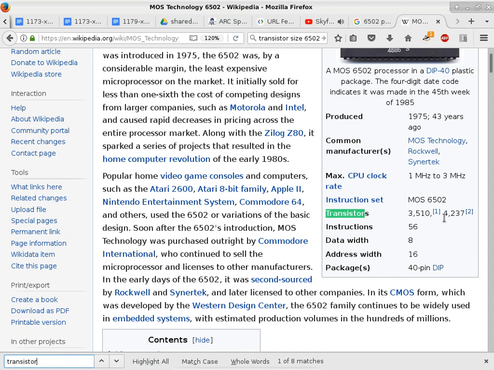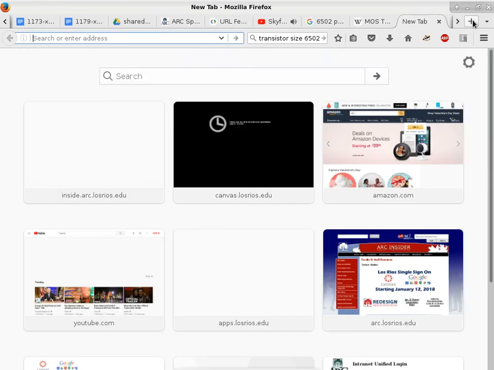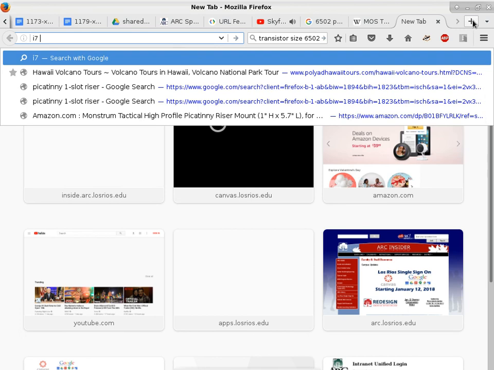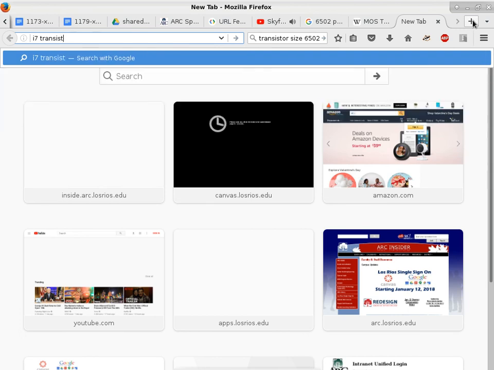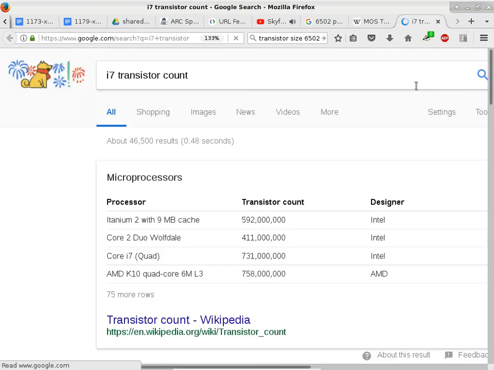I would probably say it's close to 10 million. I could be wrong. Okay, so let's check that out. i7 transistor count. There we go. Oh, I was way off. The i7 processor quad core has 731 million transistors, as opposed to about 4,000 transistors.